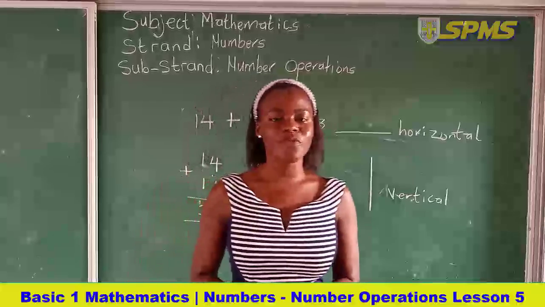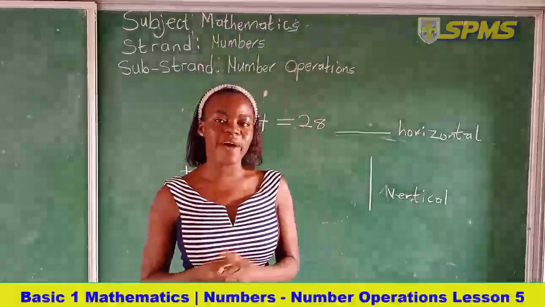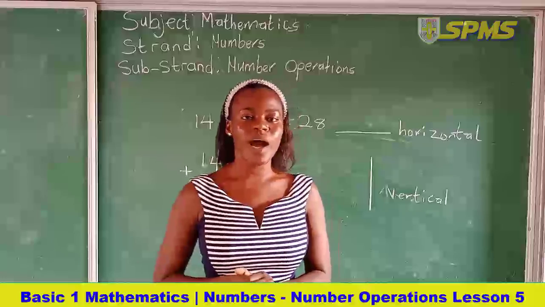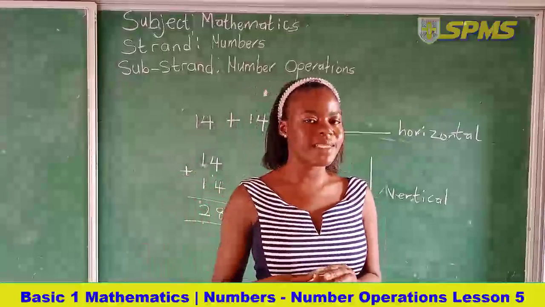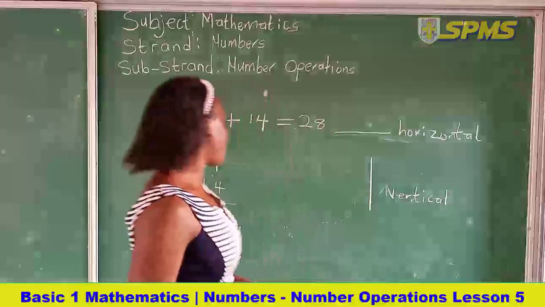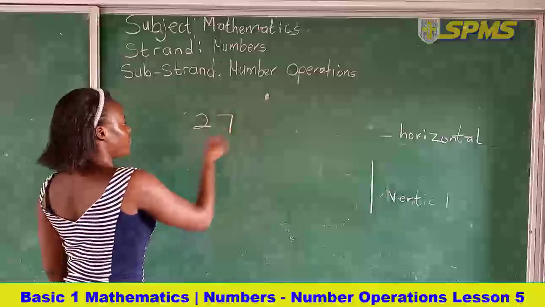So we've been given 2-digit numbers. In order to find out the total, we have to add. The first day, which is Saturday, he read 27.